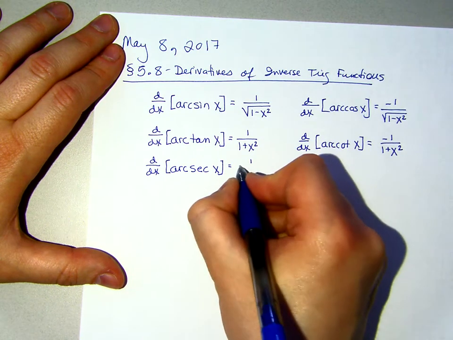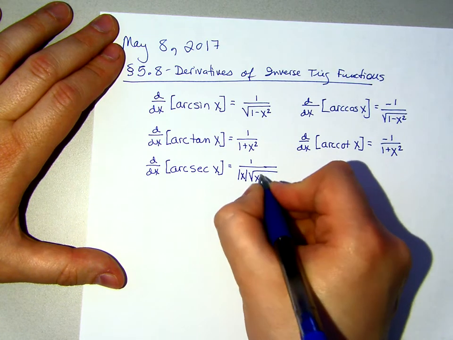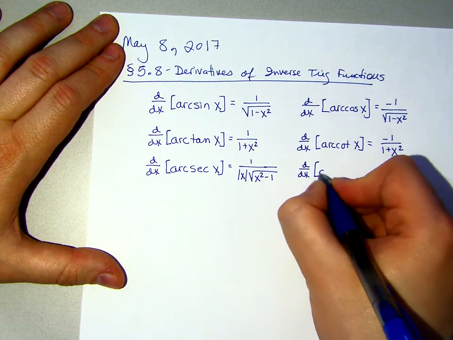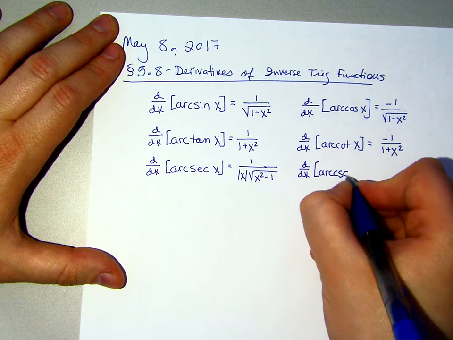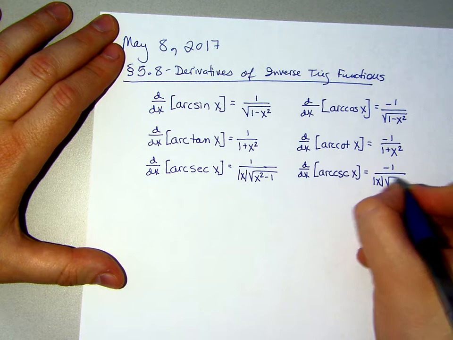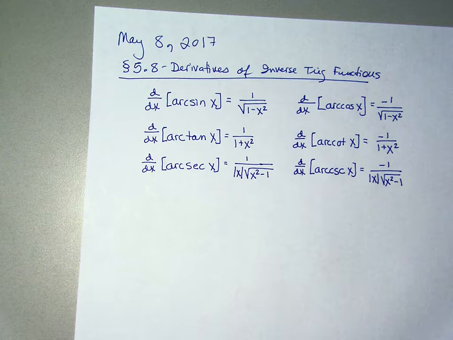This one's really weird. 1 over the absolute value of x times the square root of x squared minus 1. And the derivative of the arc cosecant of x, like everything else, is the same thing, just with a negative 1 up top. I think I'll probably go through the proof of one of these, and then the rest of today will just be seeing how this stuff works, in particular with chain rule involved and that stuff.